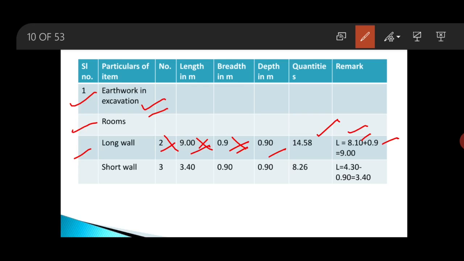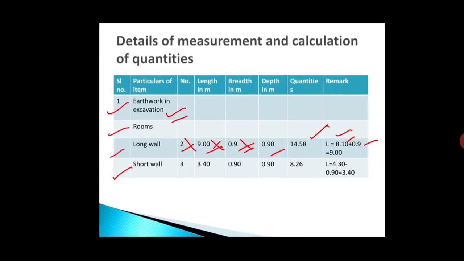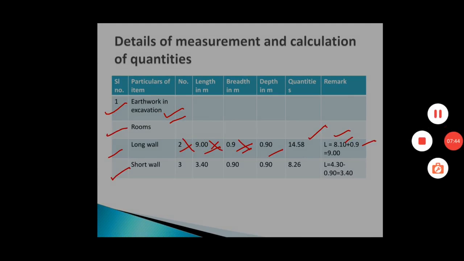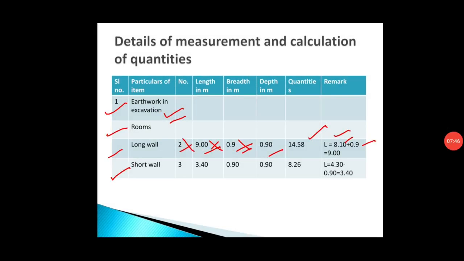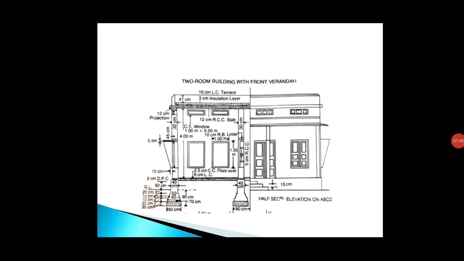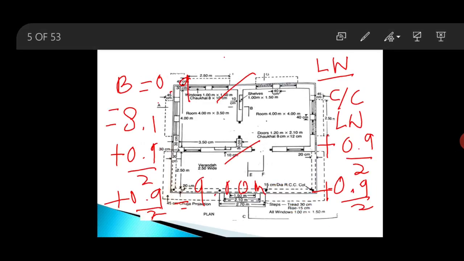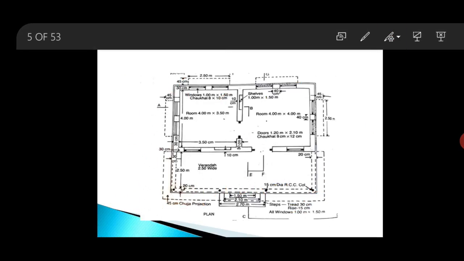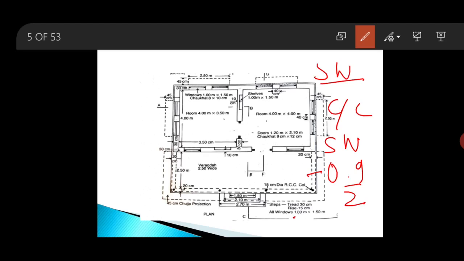Then we will go for the short wall calculation. Similarly, for short wall, from the center to center length of short wall, we will subtract half of the width of excavation from both the sides.